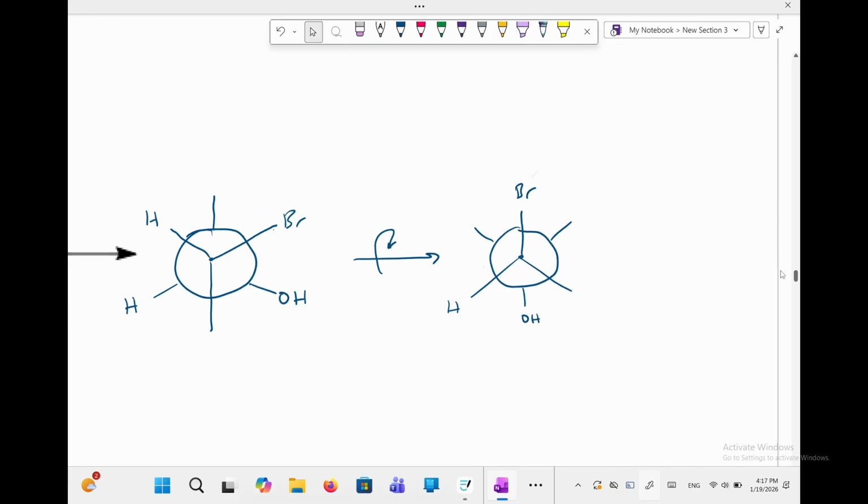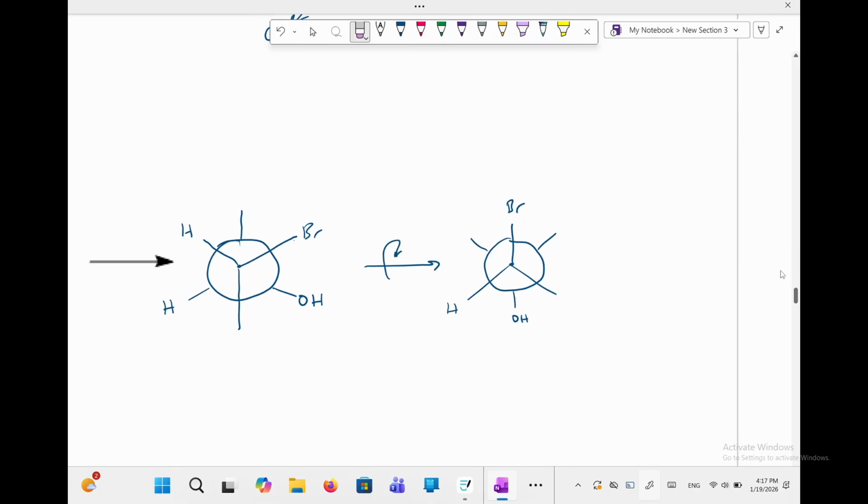Sometimes I like to draw them in the plane, and that's totally okay. Drawing these two in the plane actually makes it easier for me. So I know that these two are in the front now. So what that looks like is bromine up here, OH down there, and now I have the methyls sticking out.